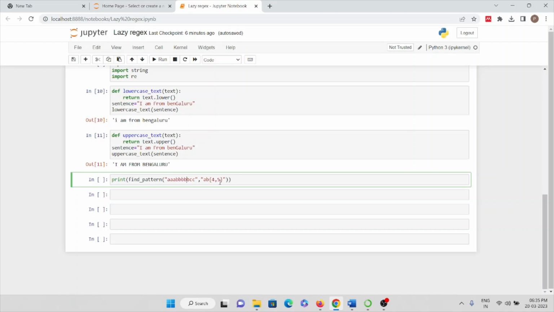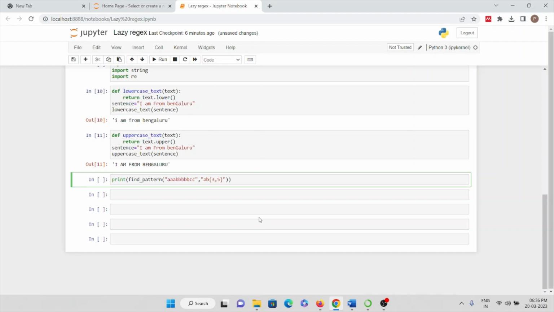It gives the range between whatever numbers I give. If I give 3, 5, it gives A followed by B minimum 3 times and maximum 4 times.